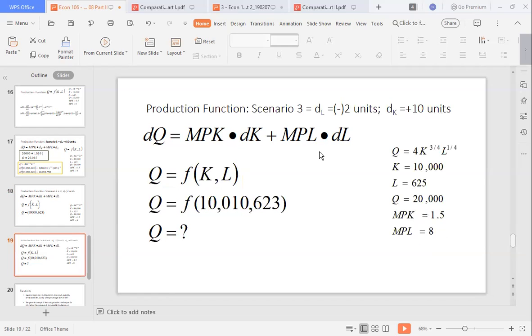Now scenario 3, on the other hand, class, is what would be the total differential of Q when we simultaneously allow changes in capital and labor. Because we have more time compared to my other class, I think we just do it for maybe 15 minutes in this session.